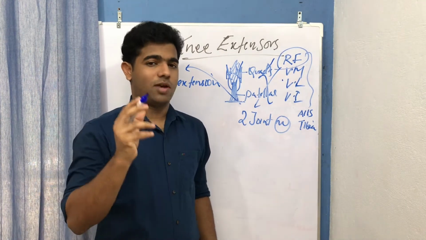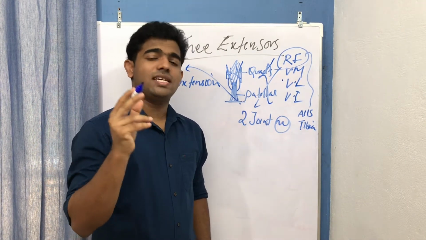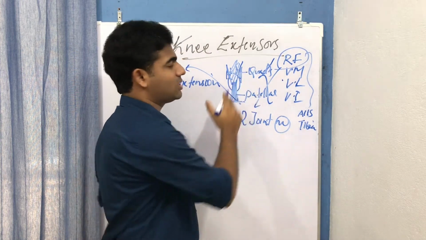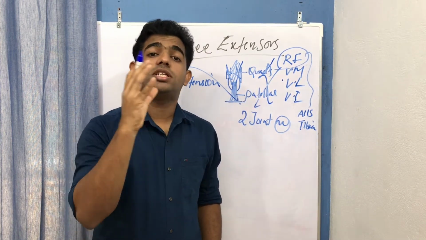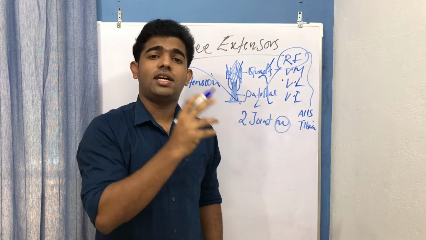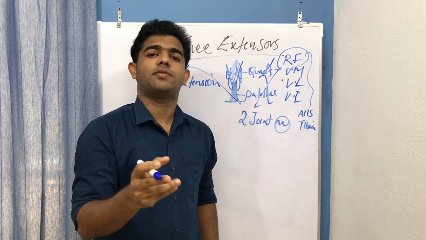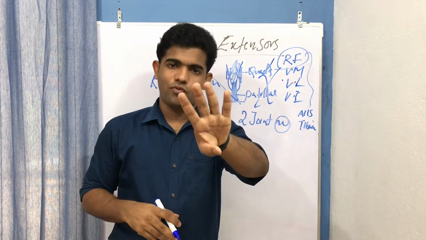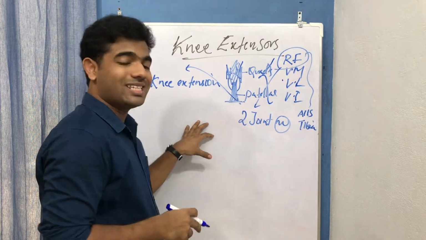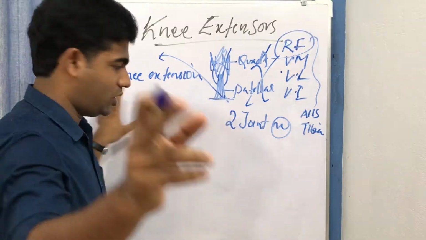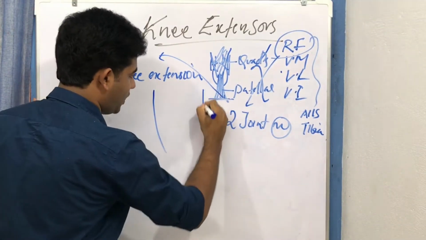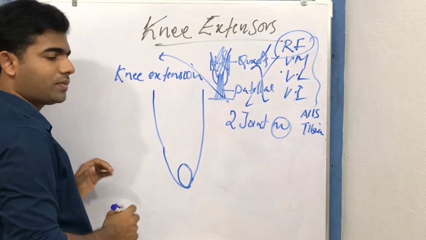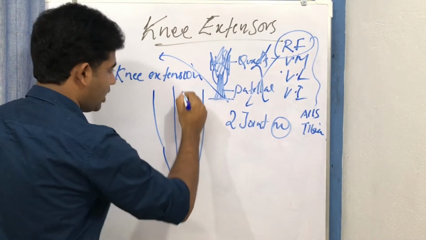But now we have some differences. The fibers of all four muscles in the quadriceps are arranged in different directions, and their line of pull is completely different from each other. Even though they are known as the quads, their line of pull differs, and let us discover that. For example, if we have a knee joint here and a patella here, in the center you have the rectus femoris.